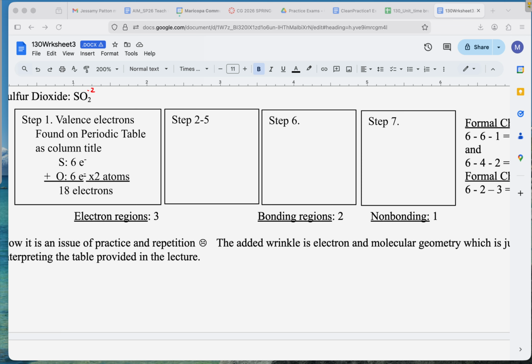That charge means I'm going to have to either add or subtract electrons depending on what that charge is. If I became -2, what happened? I had to have gained 2 electrons. So mathematically, what do I need to do? I have to add 2, and I'm now looking at 20 total electrons within the system. Okay? And if we pulled this one all the way out, you'll notice that I've already skipped steps.